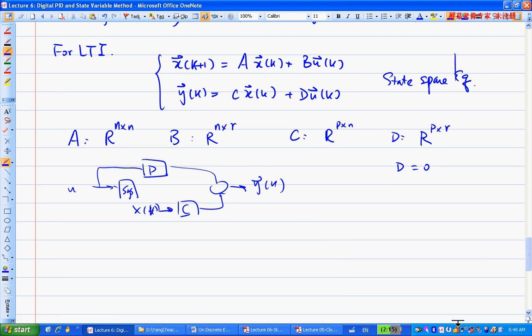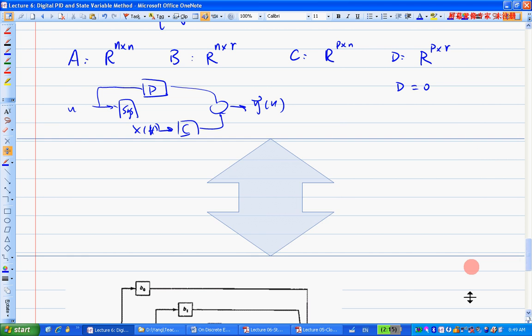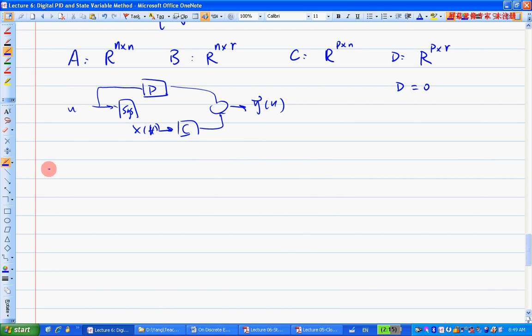Okay, now we're ready to look at the state variable approach. But before we do that, I need to draw a diagram. The idea is what are we doing with the discrete ones, and where does the discrete model come from?